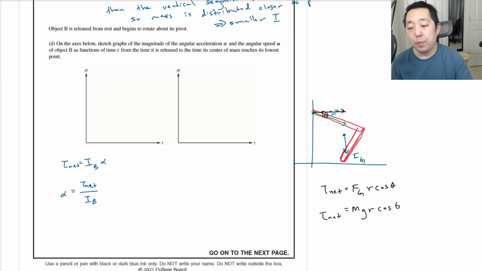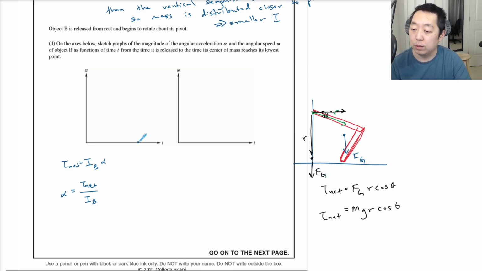So basically you have the most torque at the beginning, and when it's vertical, when the center of mass reaches down here, there's no torque because gravity is down and parallel to the r vector. So it starts at some torque and goes to zero, and we have to figure out the shape of this graph.